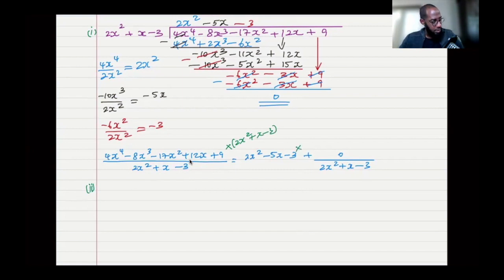So we have, like we do in this, 2x squared plus x minus 3. We need to multiply by 2x squared plus x minus 3. And we need to multiply by 2x squared plus x minus 3. So everything, right, we need to deal with that here because we want to get rid of this denominator.